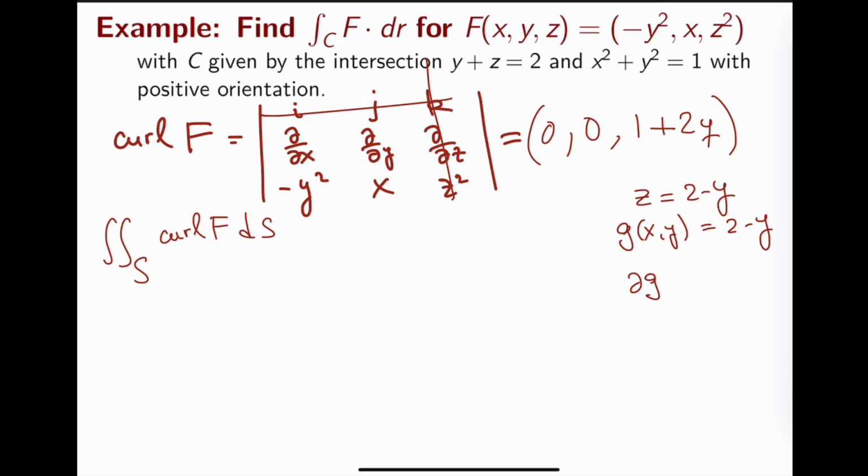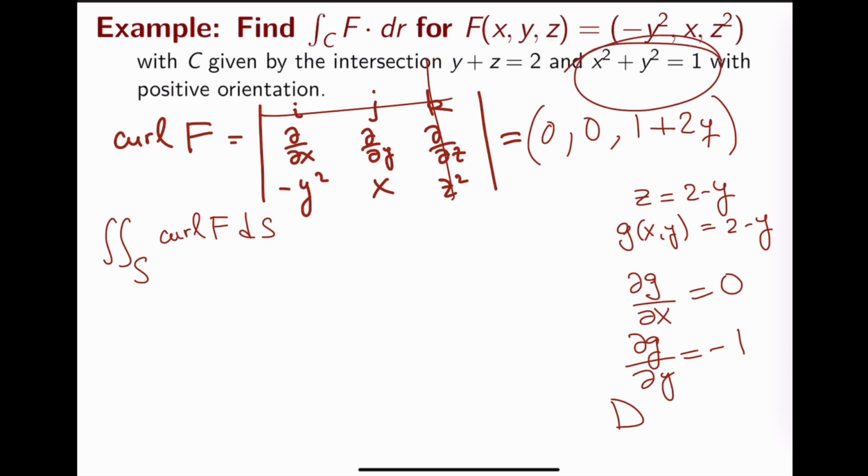So the derivative of g with respect to x, that in this case is 0, and the derivative of g with respect to y, that in this case is negative 1. And we know that the domain where we are doing all this will be the part inside of the cylinder that is just given by the disk, right? x squared plus y squared less than or equal to 1, the interior of the disk.